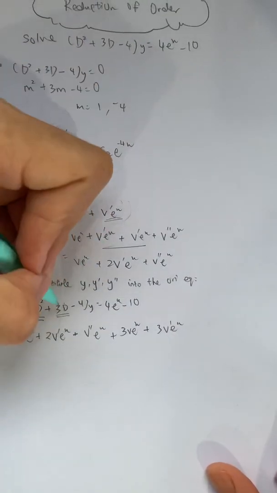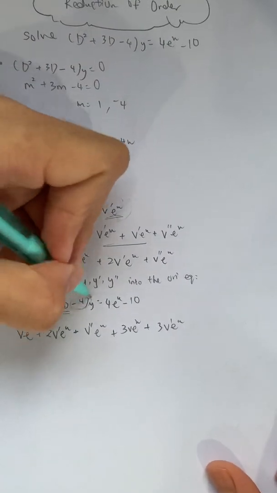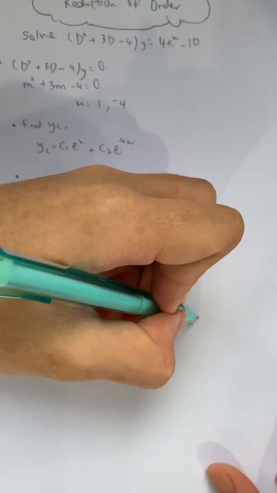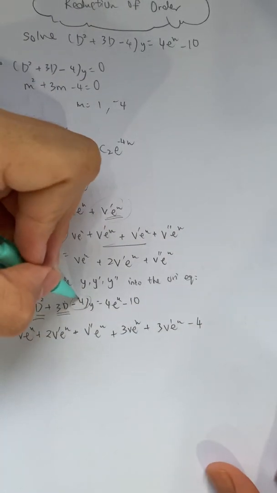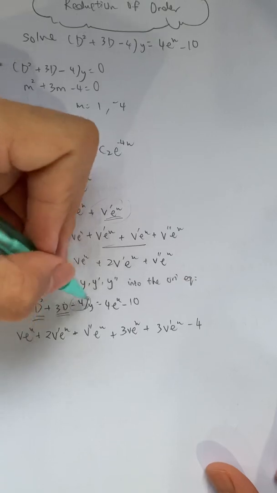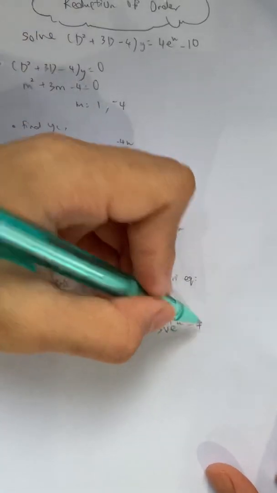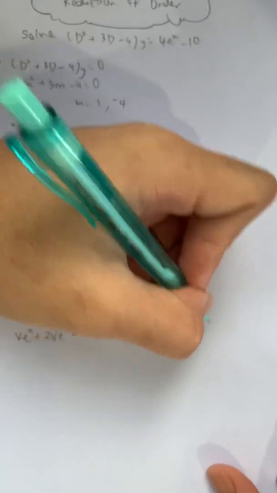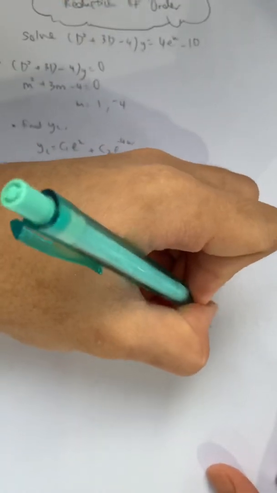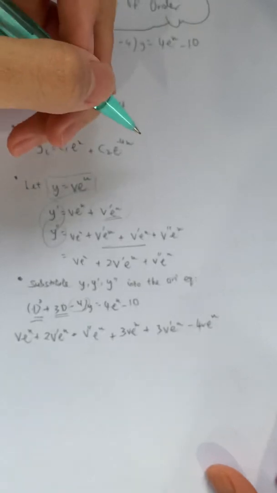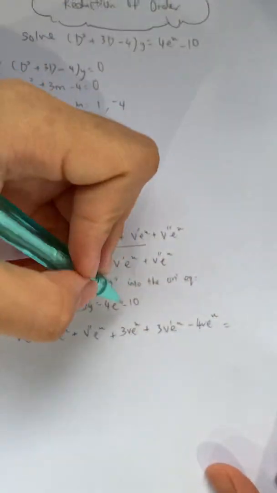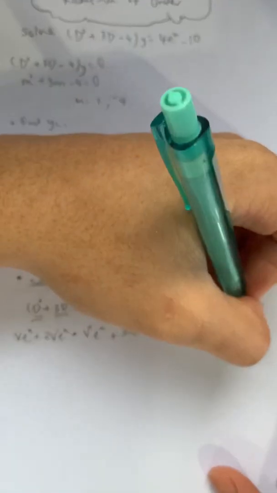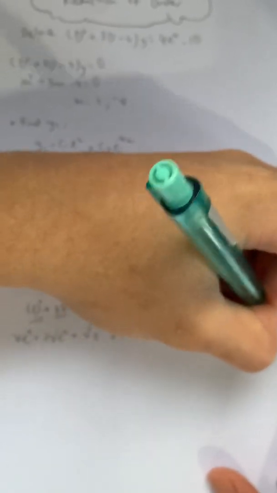Okay, now this last one, minus 4 times y. So minus 4, this is the equation of y. So negative 4v exponential x equal to 4 exponential x minus 10.